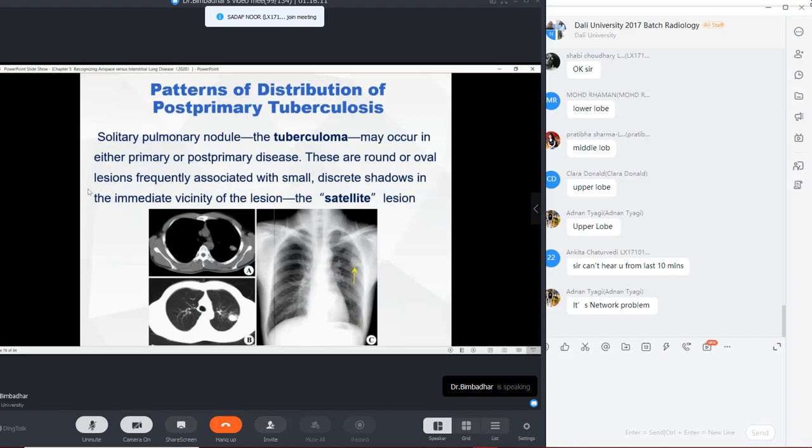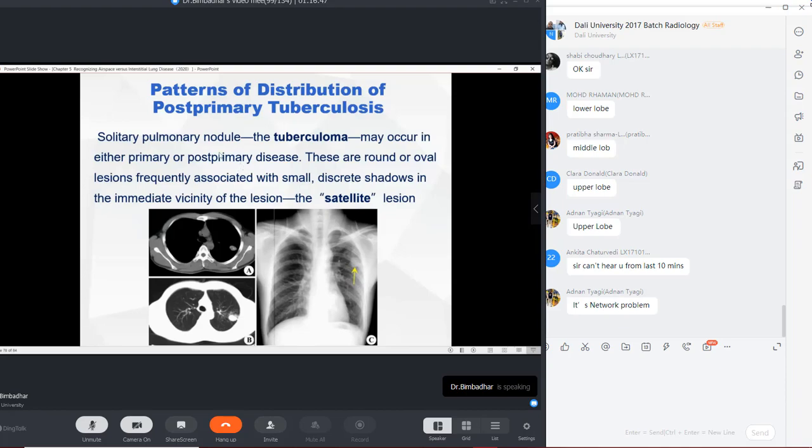Then we will just look at some places. Last time I was talking about the satellite lesion. A satellite lesion is generally a tuberculoma or a tuberculous infection after a post-primary or primary tuberculosis. They will appear as small and discrete shadows in the immediate vicinity of the lesion, and that is called a satellite lesion.